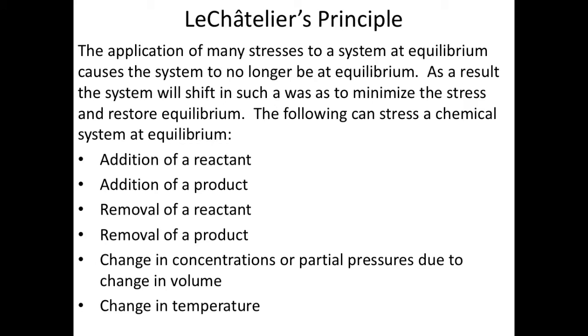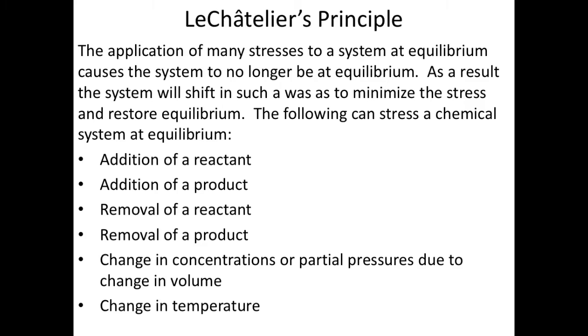Le Chatelier's principle uses the application of a stress on a system at equilibrium so that it is no longer at equilibrium. This causes the system to shift as a way to minimize the stress and restore equilibrium.